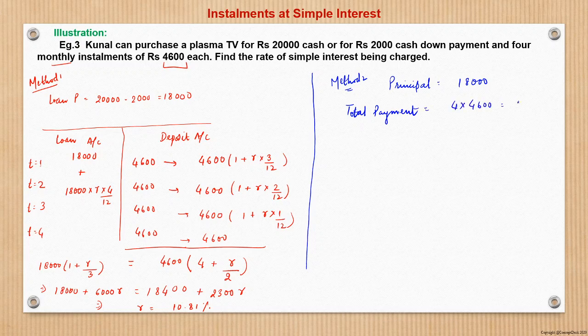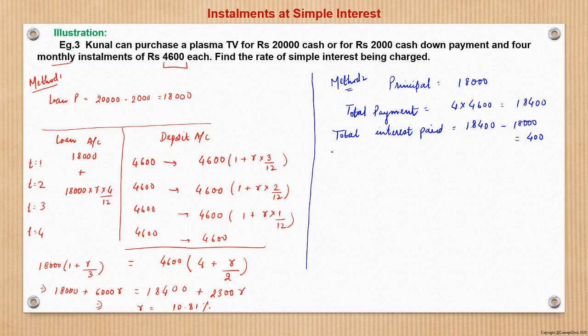So this gives us 18,400. So total interest paid is nothing but 18,400 minus 18,000, which is equal to 400 rupees.